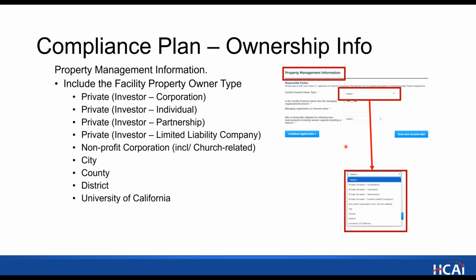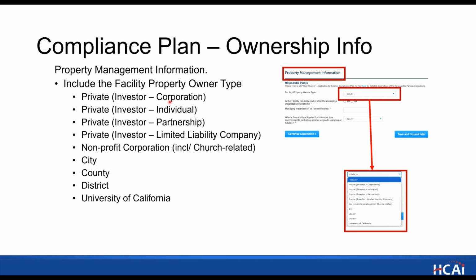In one of the steps of the compliance plan application, it asks for the ownership. So this is something new in terms of the ownership type information. It has a drop down, and the drop down basically spells out different types of ownerships for seismic compliance purposes.